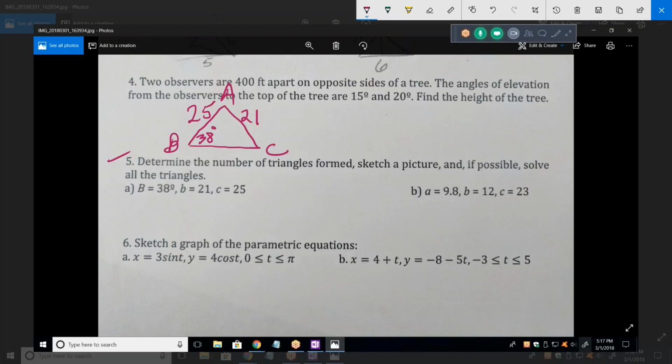And you'll see why after I do it. So it's sine 38 over 21 equals sine C over 25. Solve that for sine C.